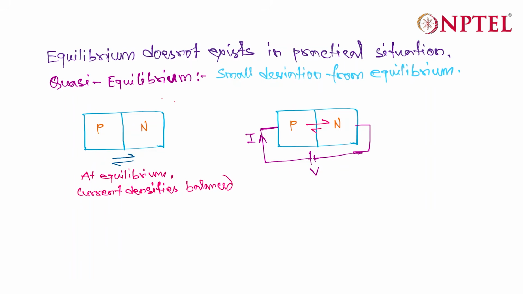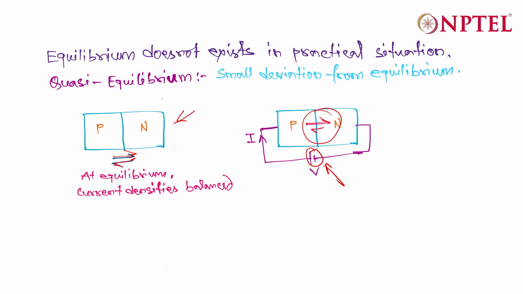So here, for example, if you have a PN junction, and if the PN junction is in equilibrium, you'll find the current density from P to N is equal to N to P. These current densities are balanced. But if you connect the PN junction with a voltage source, then you will see that in one direction the current density is higher, in the other direction the current density is lower, so you will get a net current density, right?